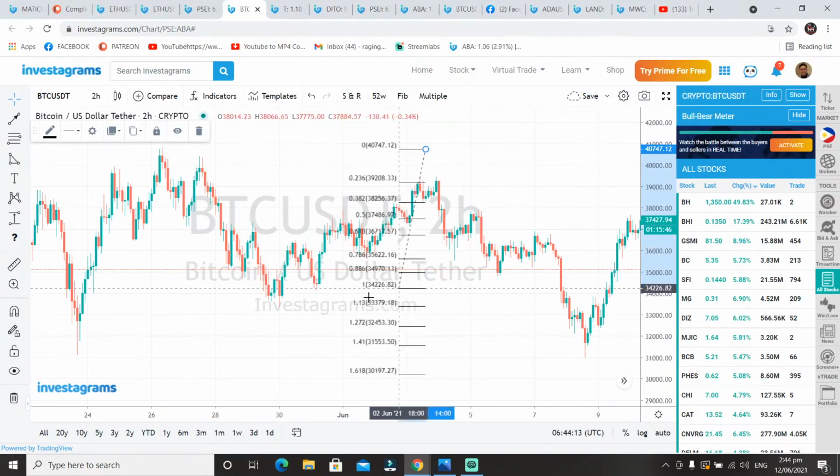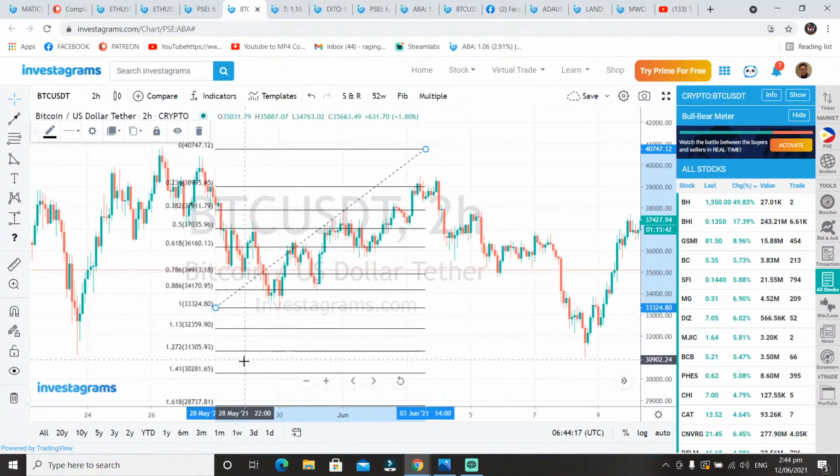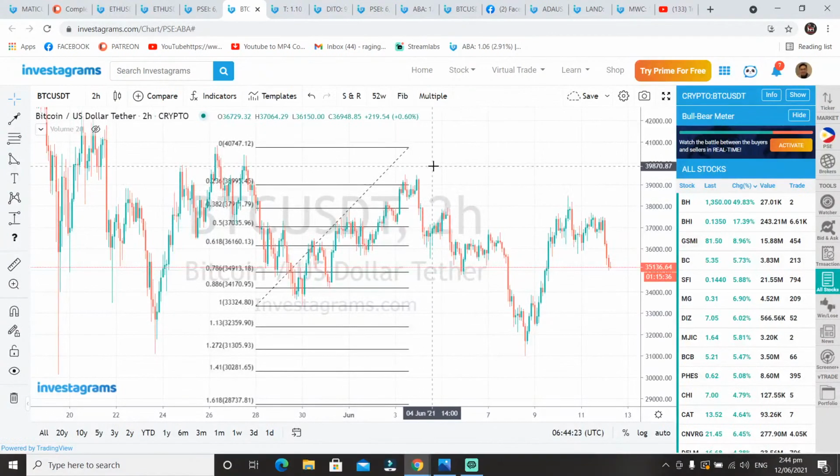This one. And this one. This one is actually just a simple cipher pattern, but it's not yet completed. So we have X, A, B, then C up to the 127 level. So it's supposed to reach at least 78% of this one to make a recovery.